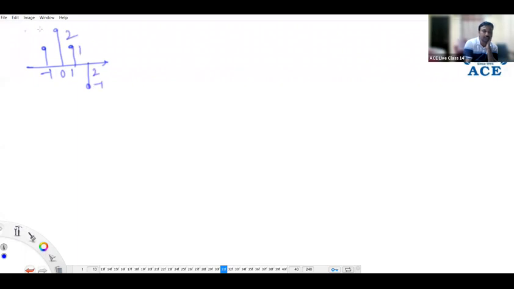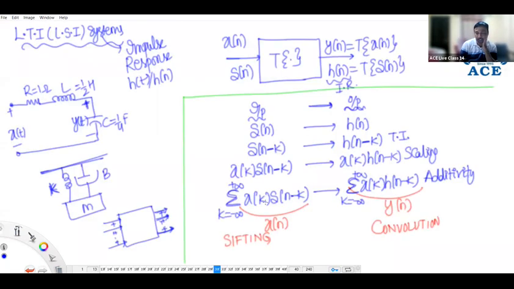How many samples does it contain? In this example, it has 4 impulses. If I write x of minus 1 into del of n plus 1, I am choosing the sample that occurs at k equals minus 1.